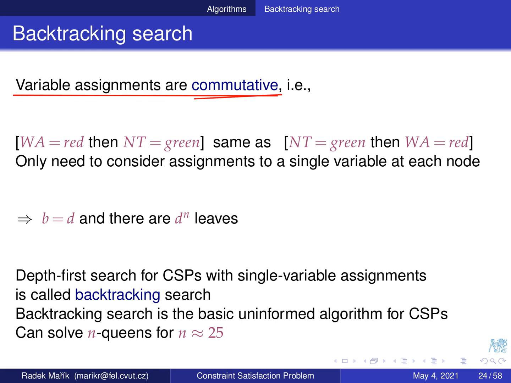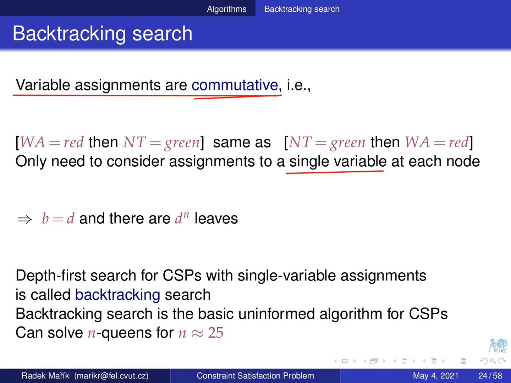Because of this commutative feature, we don't need to select variables at each node. You basically select just one variable. So instead of having that n minus L variable selection, we have just one, and the branching factor is D. It is still quite large, D to the n leaves. Really a huge number of leaves.